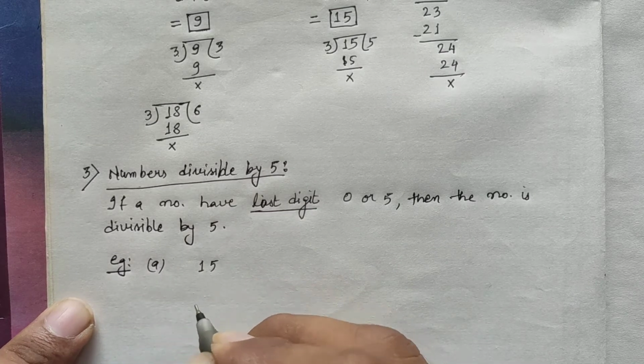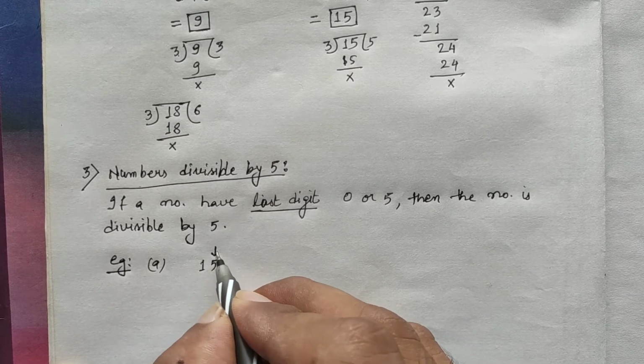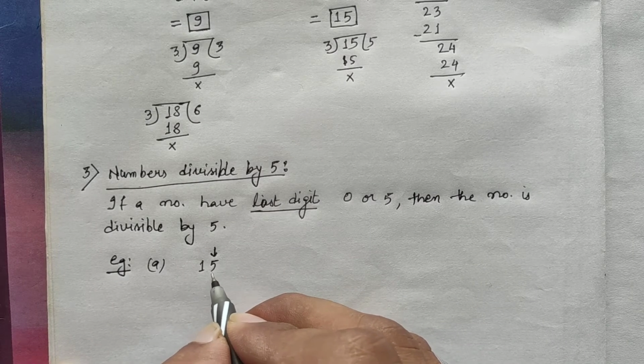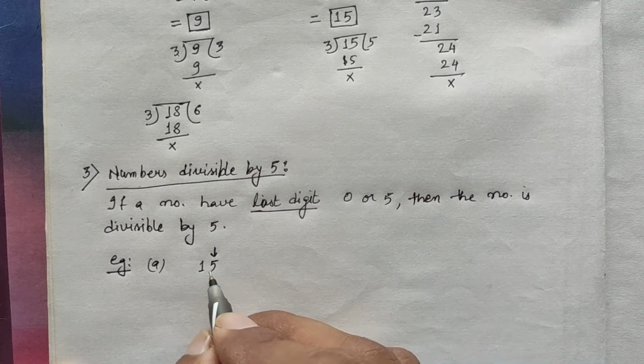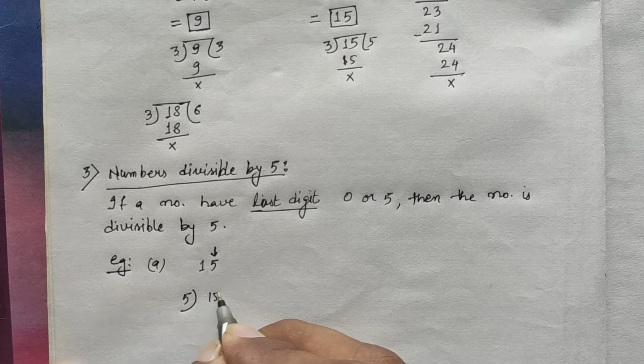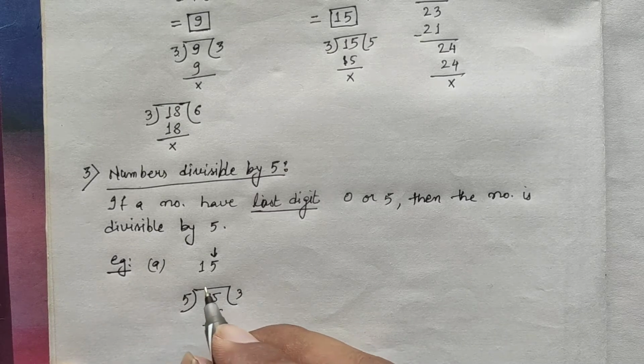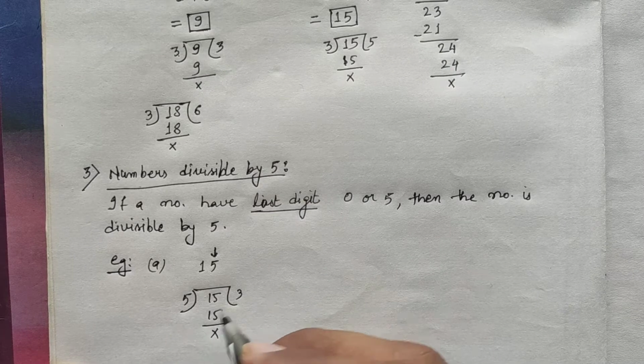Let's check how a number is divisible by 5. Let's take 15. Let's start from a smaller number. This is the unit place digit or last digit, so it is 0 or 5. Yes, it is 5, so it must be divisible by 5. 5 times 3 is 15. Yes, there is no remainder, so 15 is divisible by 5.